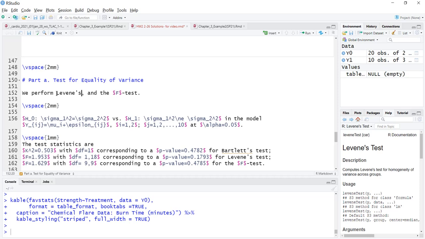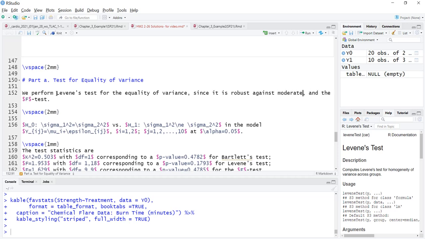So we perform Levene's test for the equality of variance since it is robust against moderate departures from normality, while Bartlett's test and the F-test are not. Okay.